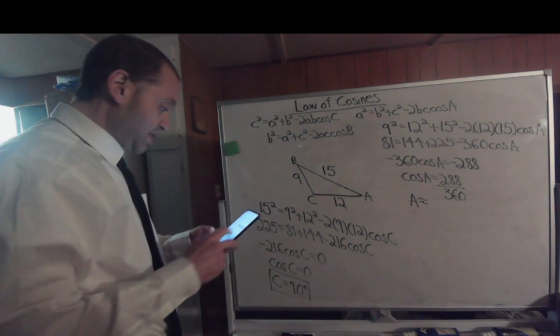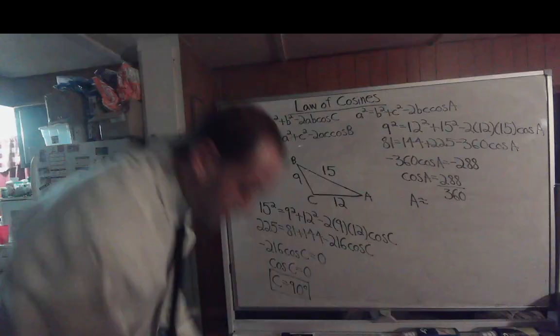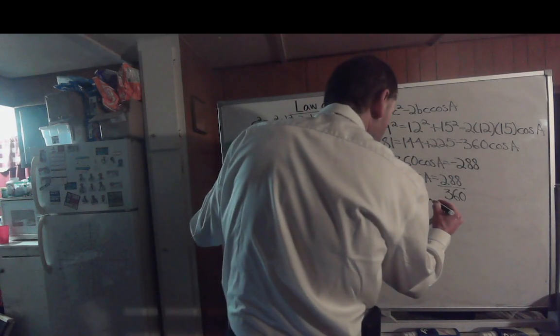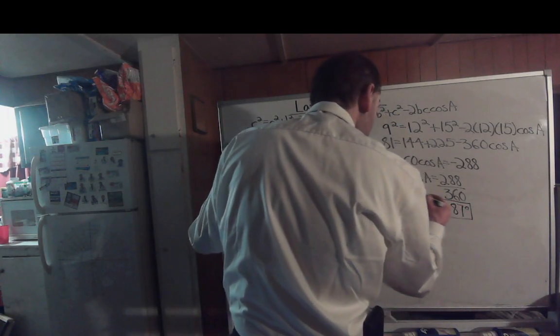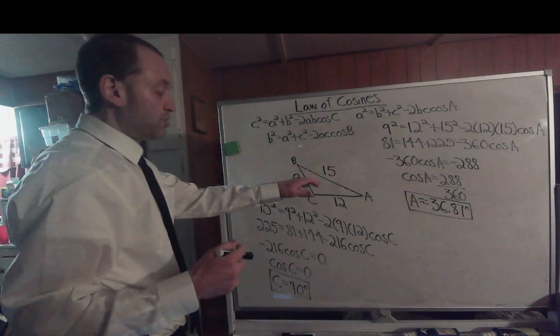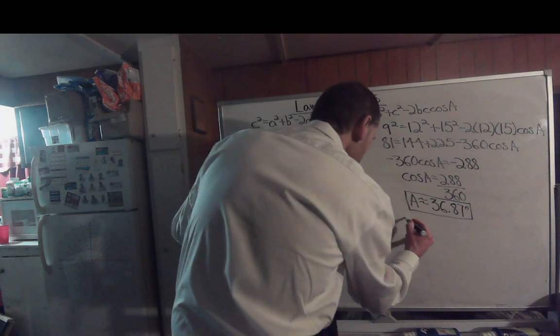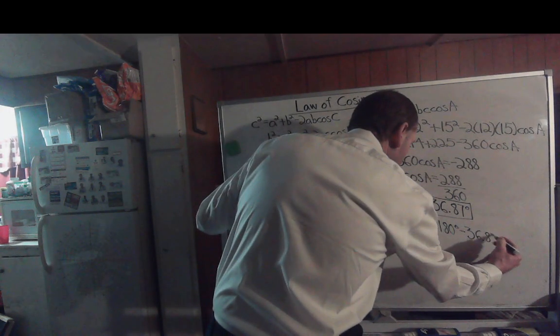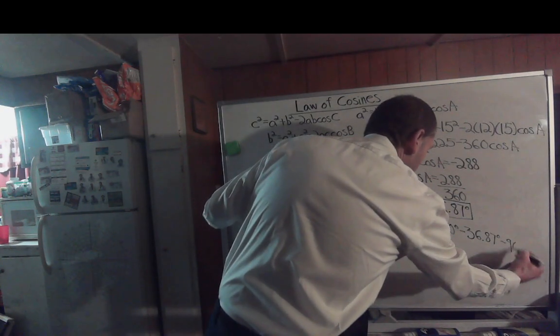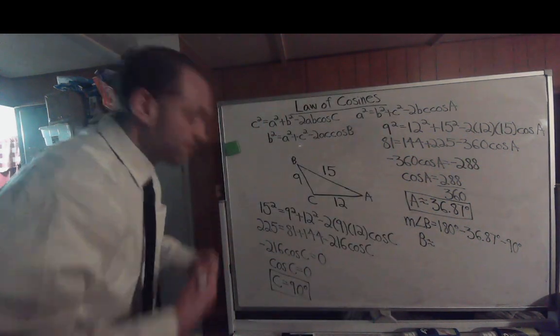Now take the cosine inverse of that. To 2 decimal places, you get that angle A is approximately 36.87 degrees. And then we can easily solve for angle B. So the measure of angle B equals 180 degrees minus the 36.87 degrees minus 90 degrees, which let's go ahead and find that.